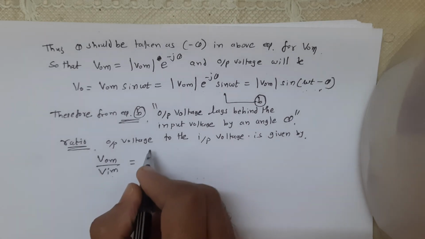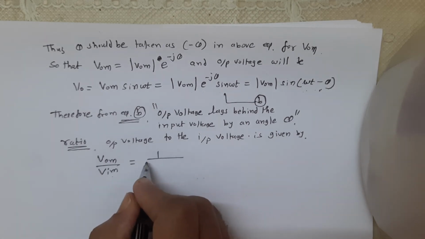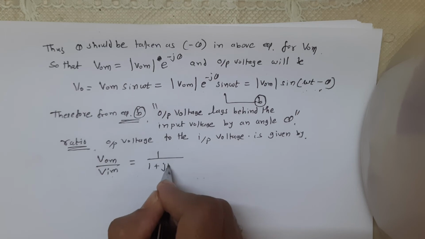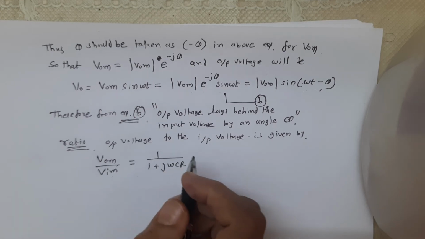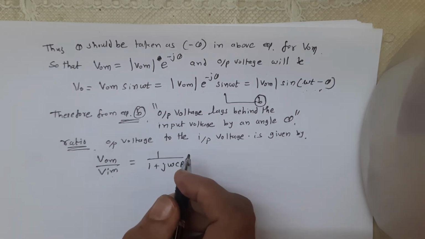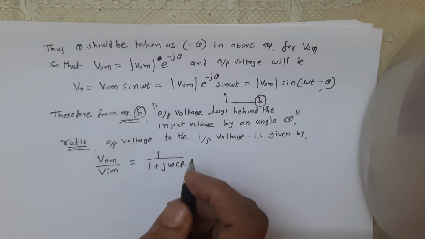It is equal to 1 upon 1 plus j omega CR. I repeat, VOM upon VIM is equal to 1 upon 1 plus j omega CR.